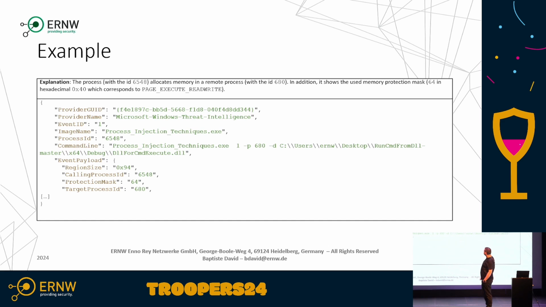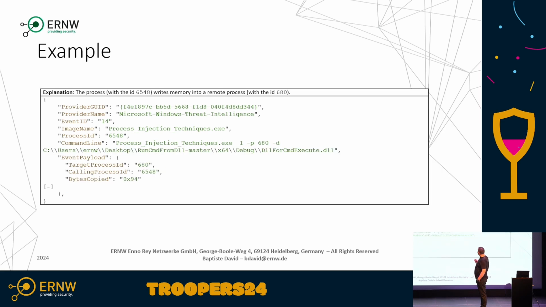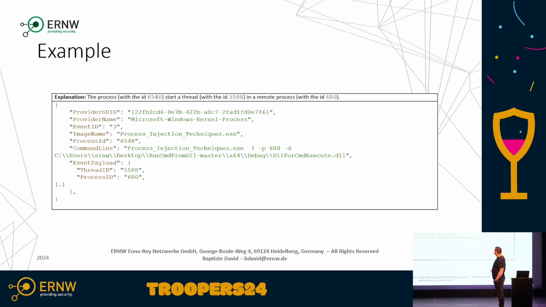After open process, we have the allocation of memory with page execute read write, because we have everything over there. We have also the name of the process. Then we have the write into a remote process, so WriteProcessMemory to write remotely. Then we have the creation of a thread in the target process. So you have the thread ID and process ID of the target process.